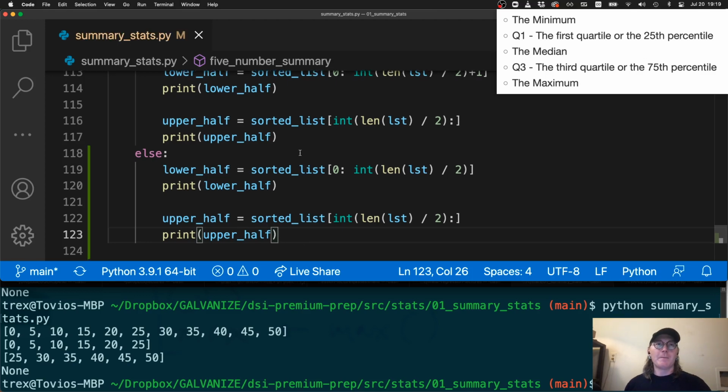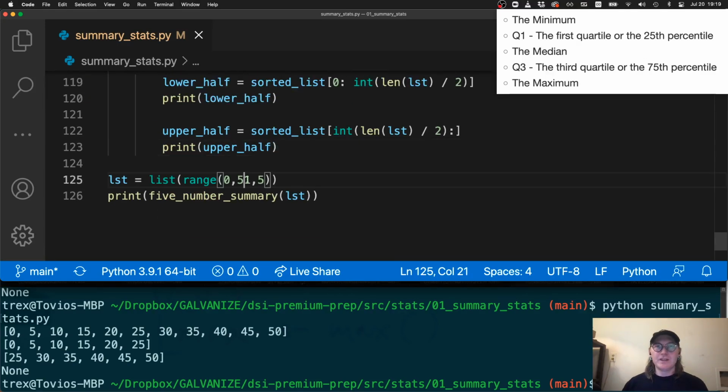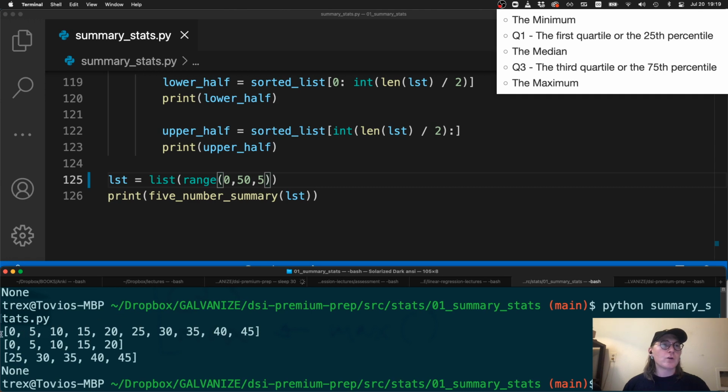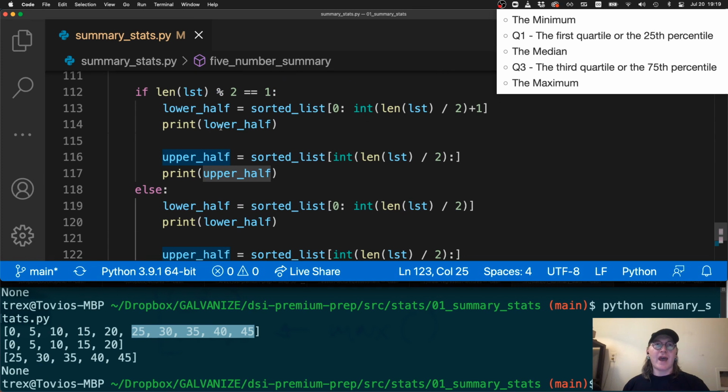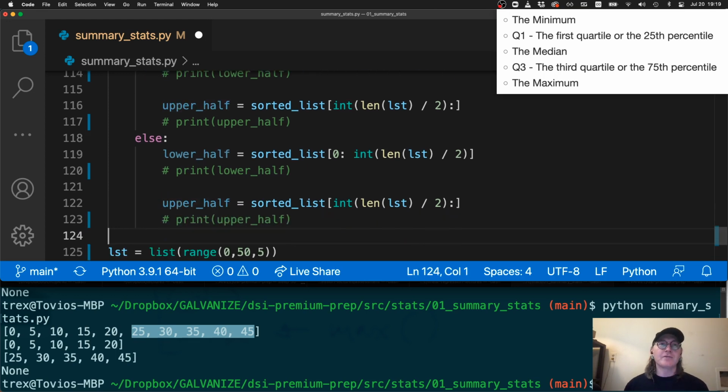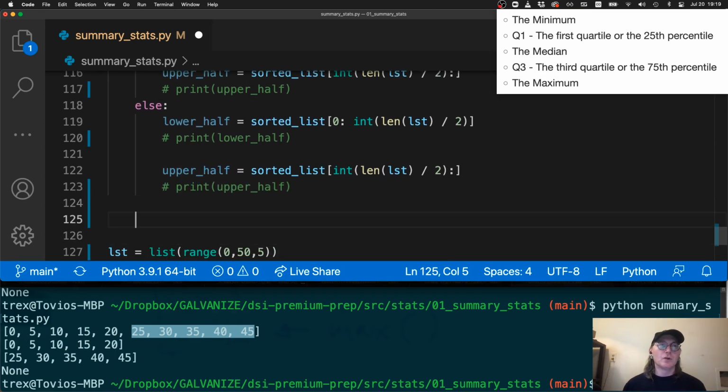But let's just verify. I'm going to change this back to 50 so that we have an even length list, and we can see now the lower half is 0 up to 20, and the upper half is 25 to 45. That's the behavior we want. Once we have that, we can get the medians: Q1 from the lower half, and Q3 from the upper half. So Q1 is going to be the median of the lower half.